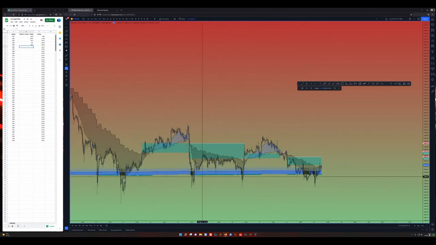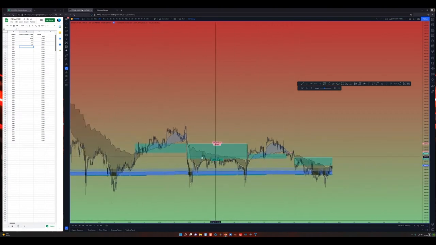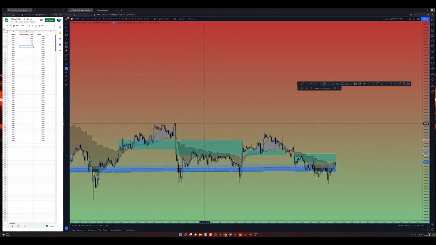It's coming down, bouncing off this. Seeing this Trendmaster, I do understand I'm entering on the break of this line, but if we take into account zero technical analysis and zero other charts, just this, you can see it's green. We did have a little bit of a loss here, which was in and out, but overall.